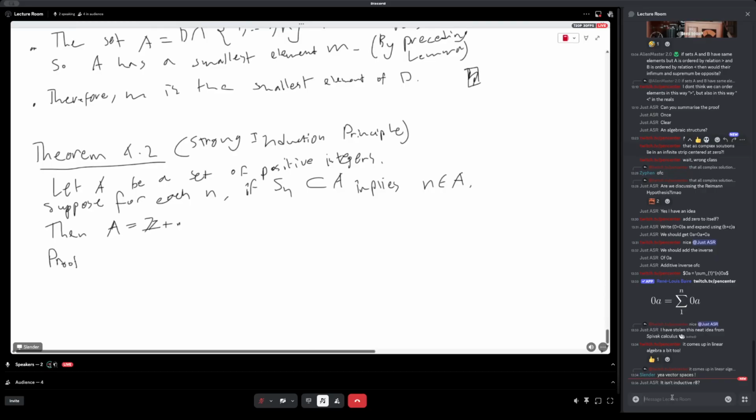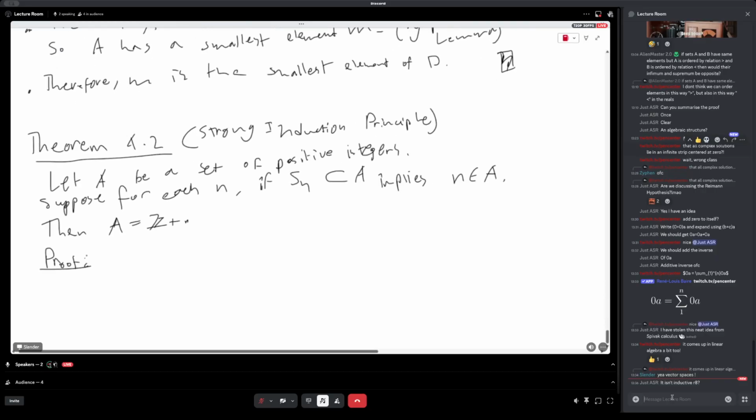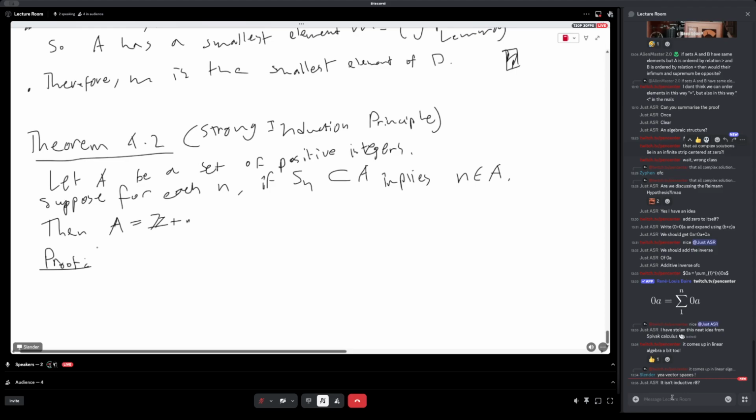So here's the proof of this. Basically what it says is that if you have some positive integer n and the set Sn, all numbers that are less than n, is contained in A, and if that implies that n is in A, then this means that A is equal to the set of positive integers.